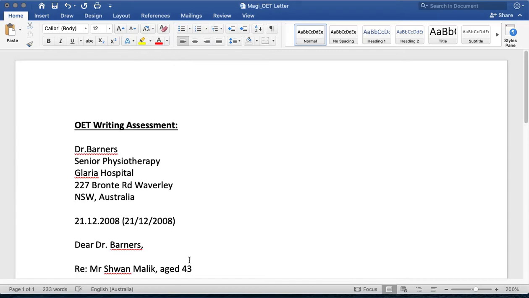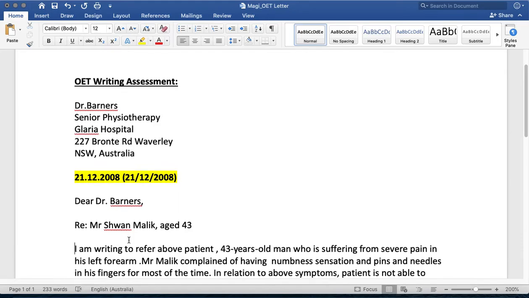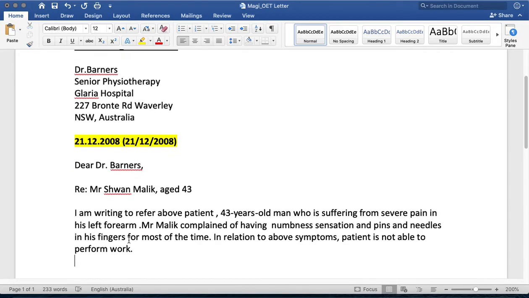This is much better than what you have written here. I would recommend you to follow the same date format when you write in the beginning. She has written down the salutation of the addressee, which is good, and then she has written down the reference details of the patient. All right, let's go through the introduction paragraph now.